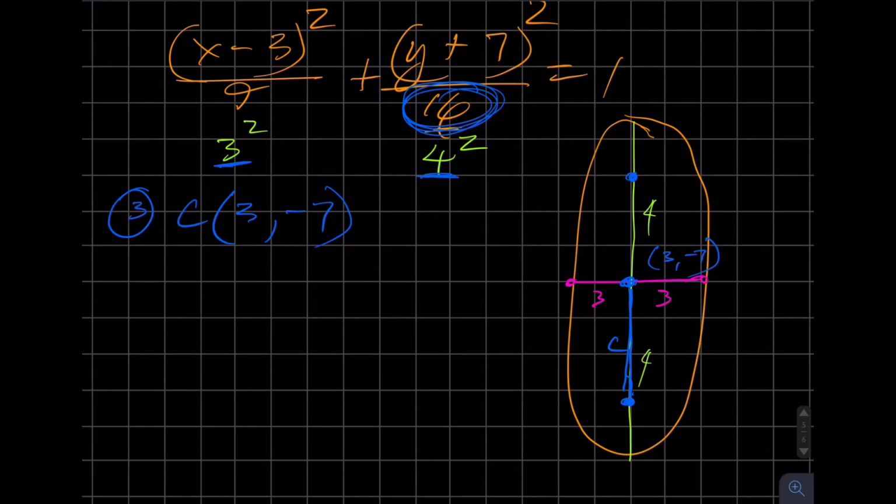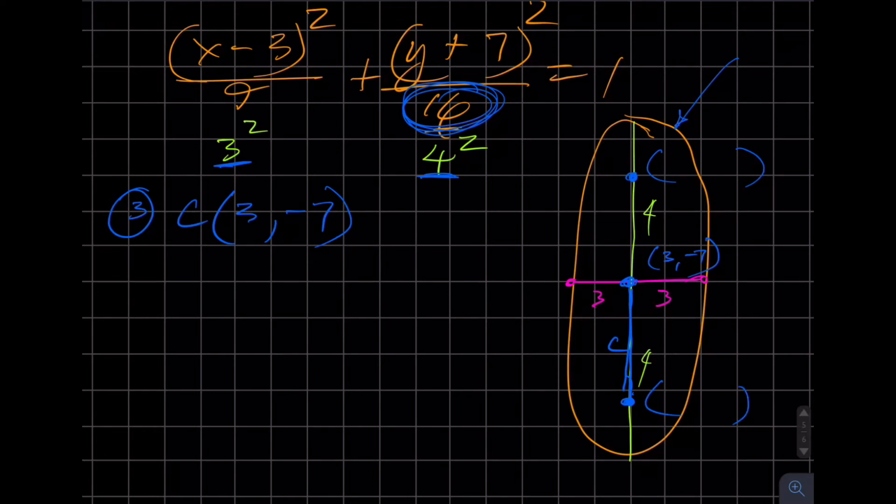The focus points are always on the major axis. Think about it, I have to stretch it out to make room for the focus points. So in this case, since our ellipse is vertical, my focus points are vertically aligned on the major axis. I don't know this distance, so I cannot get the coordinates for these two focus points. So I need this value for c.